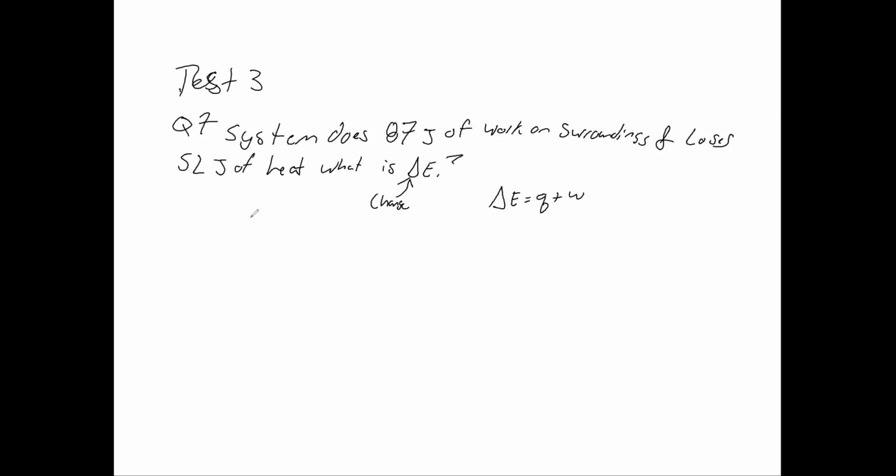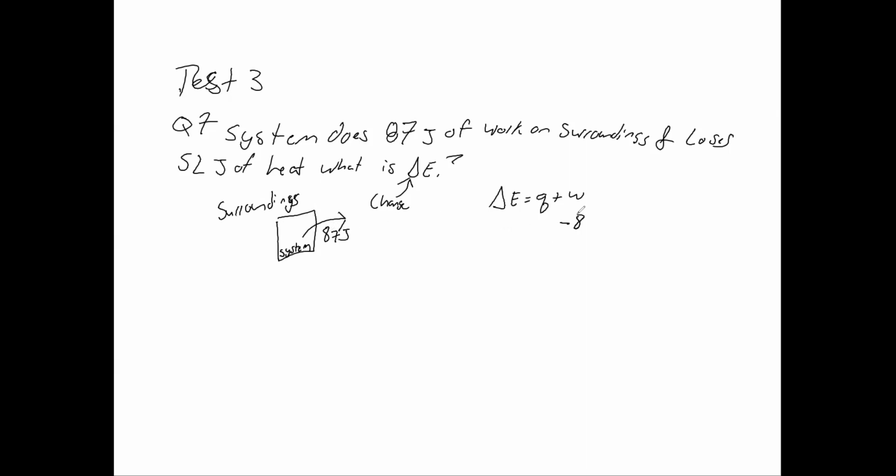I always find it helpful to draw a little picture where I say, this is my system, and this is my surroundings. So if I'm doing work on the surroundings, work is leaving me. So if work is leaving me 87 joules, that means my change in work of the system is negative because it's leaving.